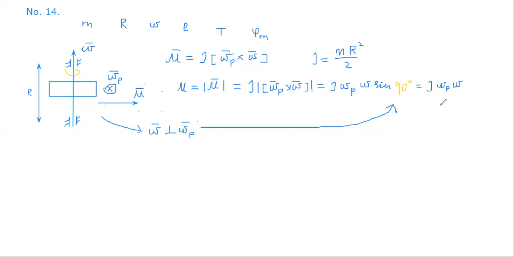Okay, so the moment of inertia is m r squared divided by 2, and we have omega according to the description of the exercise, but we have to find omega p, the angular velocity of precession of the axle.